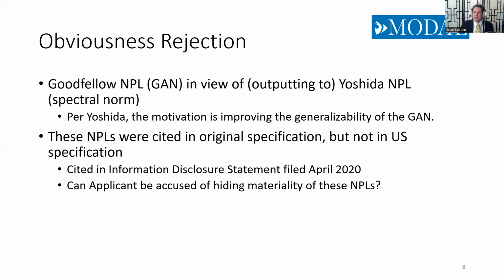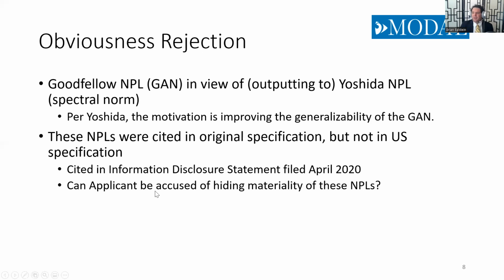These documents were cited in the original Japanese application. I believe they're cited in the translated European application, but for some reason they were not filed in the US. I'm sorry, they're not included in the specification in the United States. Some US attorneys get really worried about telling the PTO about this art. So they were cited in an information disclosure statement filed in April 2020, which they absolutely should be.